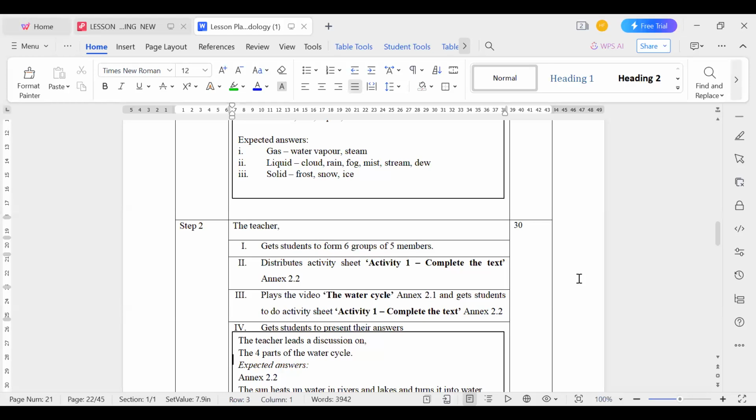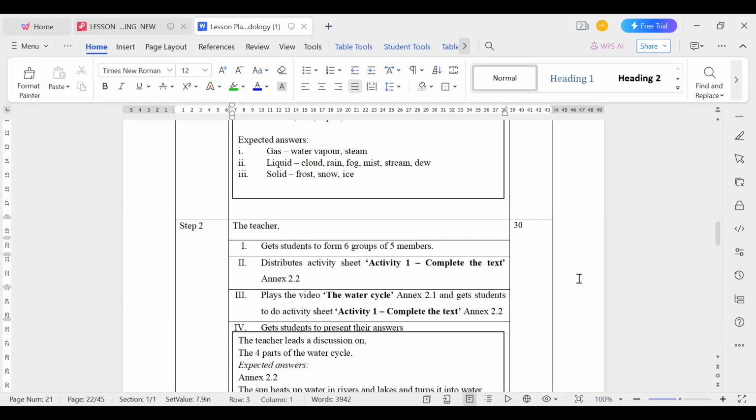The teacher gets students to form 6 groups of 5 members, because you know your class. 6 groups of 5 members means 30 in the class. If you have 35, there will be 7 groups. You know how you're going to group them.